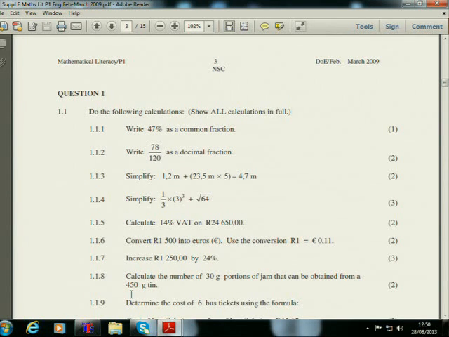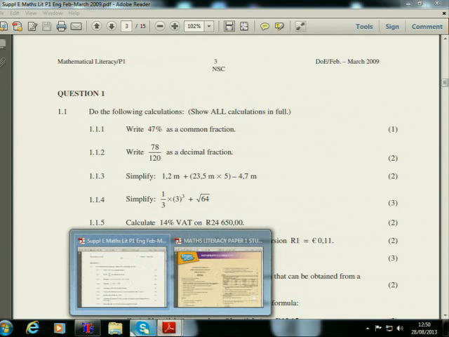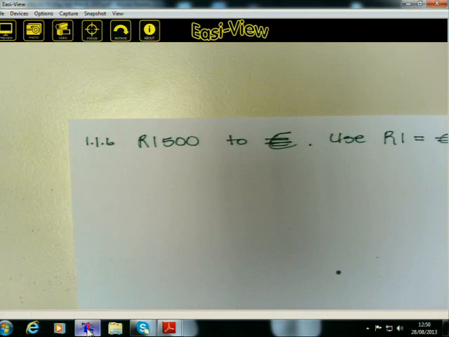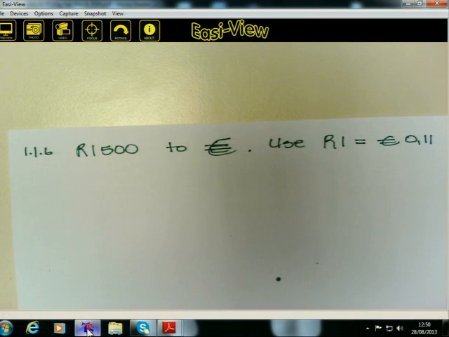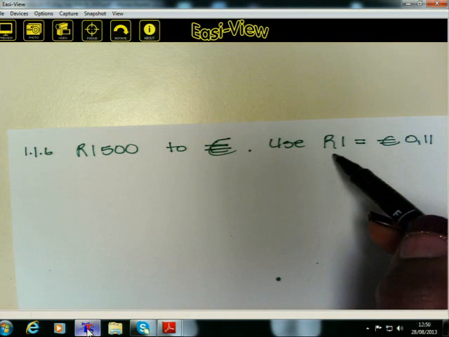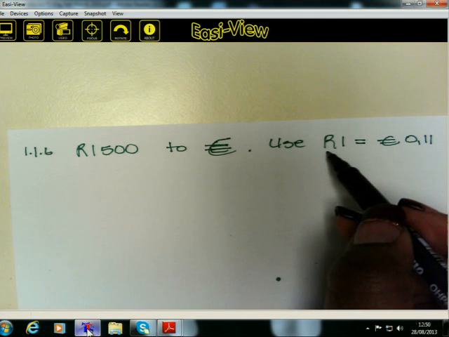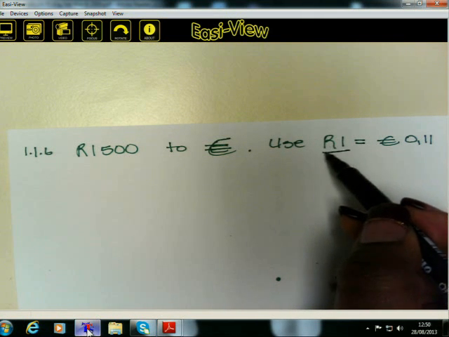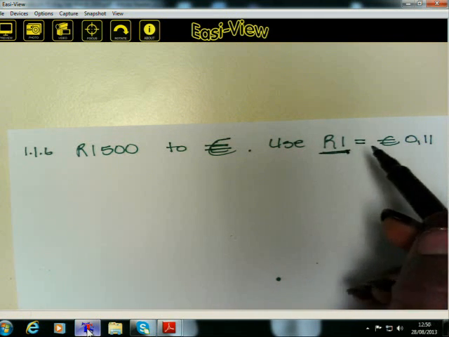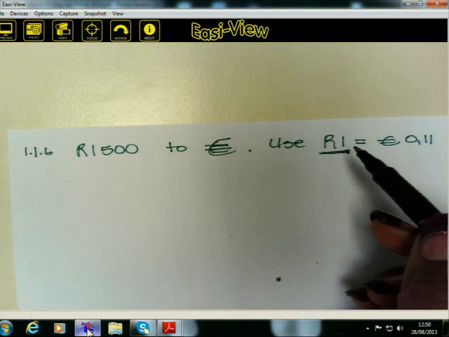The conversion of 1 rand is equal to 0.11 euros. Now, I always advise my learners to say, if you are given such a problem, you must first look at the conversions that you are given. If as we are given now, our rands are representing 1, you know almost anything divided or multiplied by 1 stays the same.